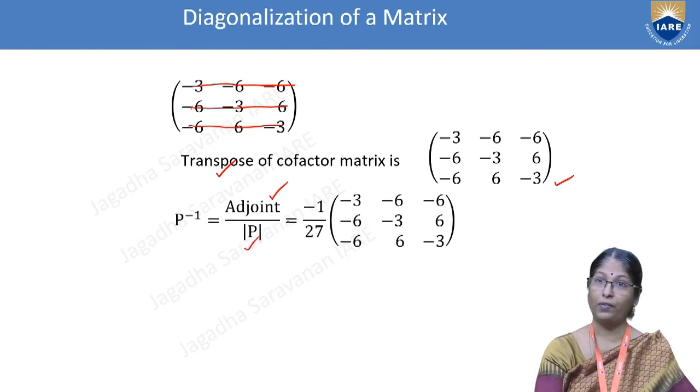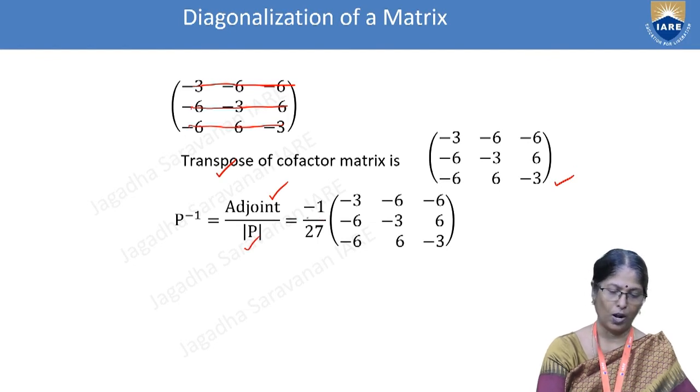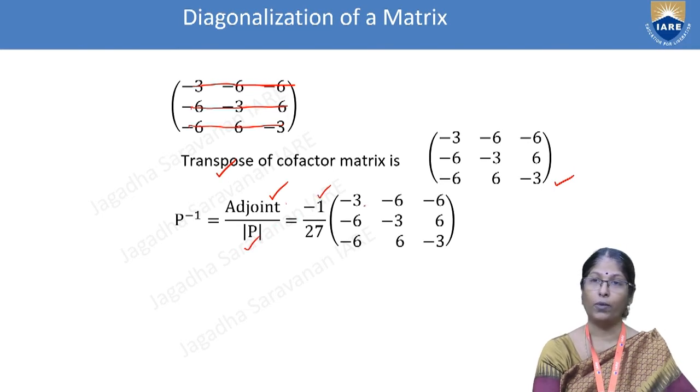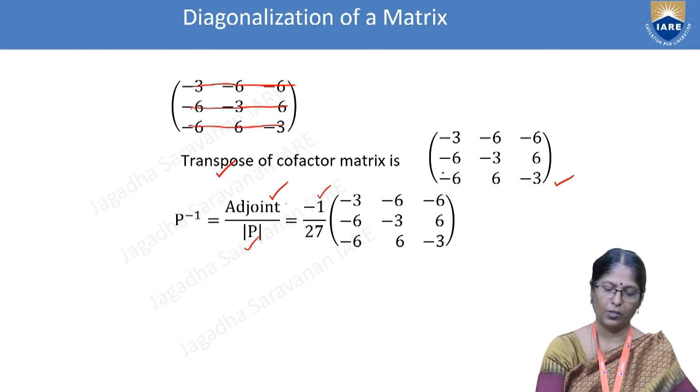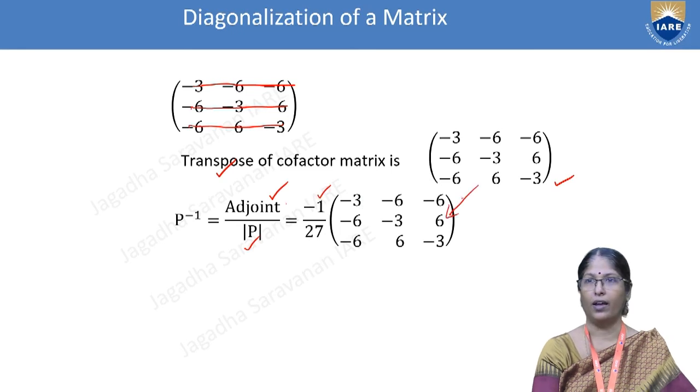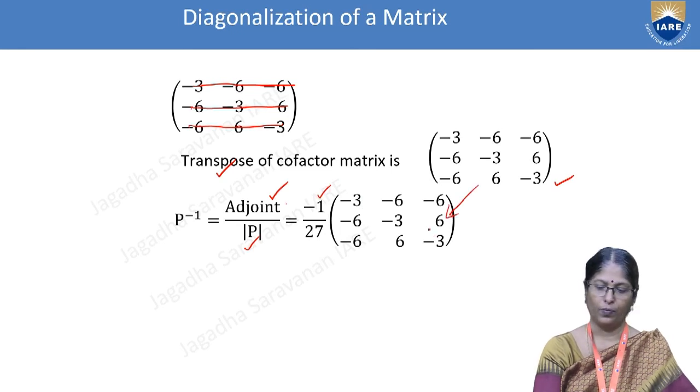Determinant of P we already found, that is -27. This is 1 by determinant P, that is the reason for -1 by 27, and this matrix is written as it is. We copy it. Now this is inverse P. So in this diagonalization problem, it takes time.